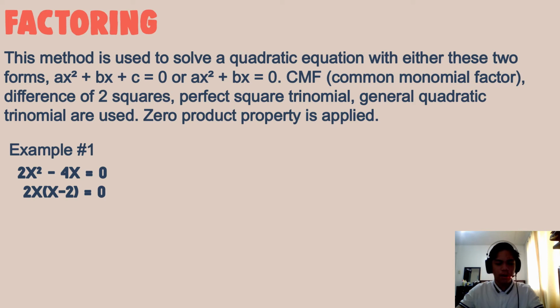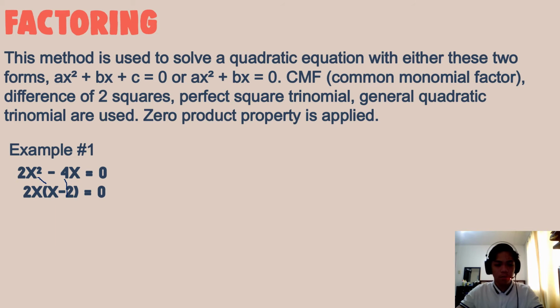How did I get 2x? By finding the GCF of the coefficients, then finding the GCF of the variables: the GCF being 2 and the variable being x. Now just divide them. 2x squared divided by 2x is x, then 4x divided by 2x is 2.